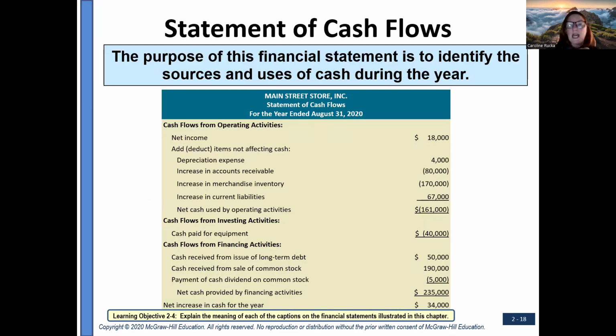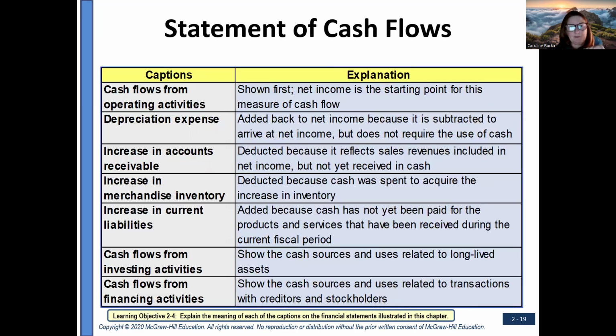Okay, statement of cash flows. Remember, that only looks at the transactions that impacted our cash for the year. And it's broken up into 3 parts. We have cash flows from operating activities, that's our day-to-day cash flows.